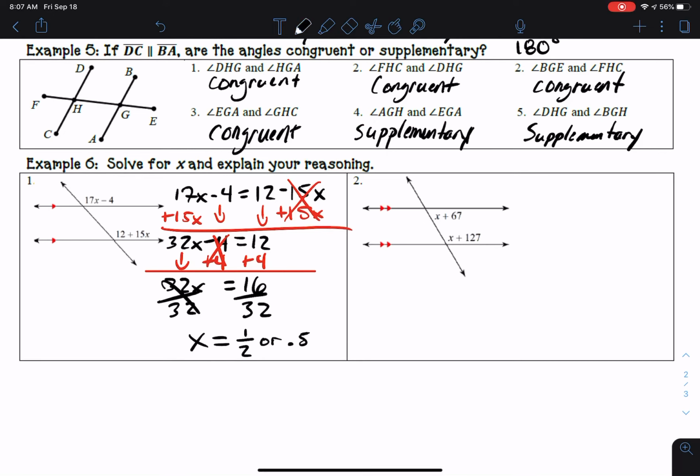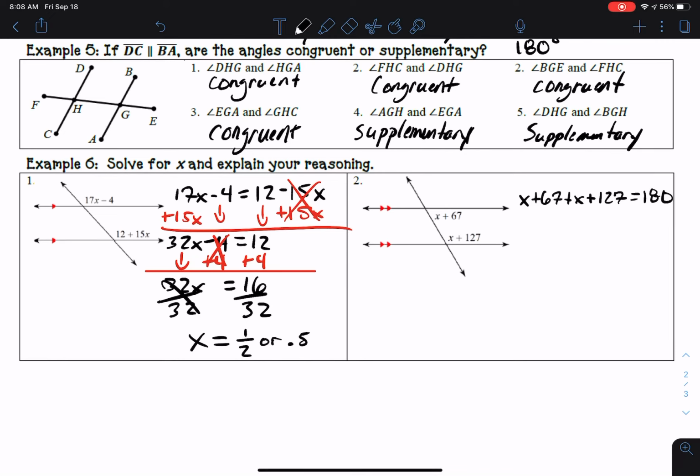So what you have to do is add both of these together, set them equal to 180, and solve for x. So I have x plus 67 plus x plus 127 equals 180.